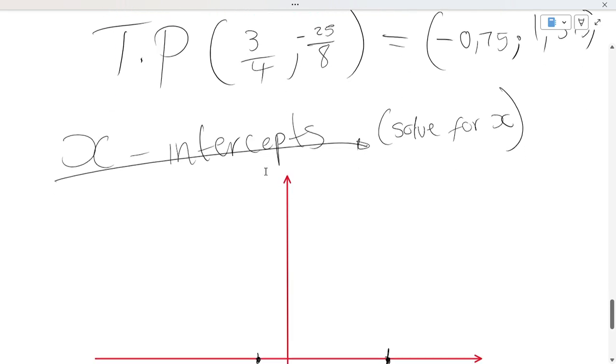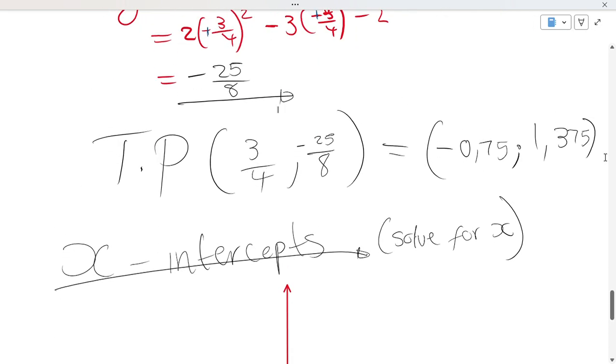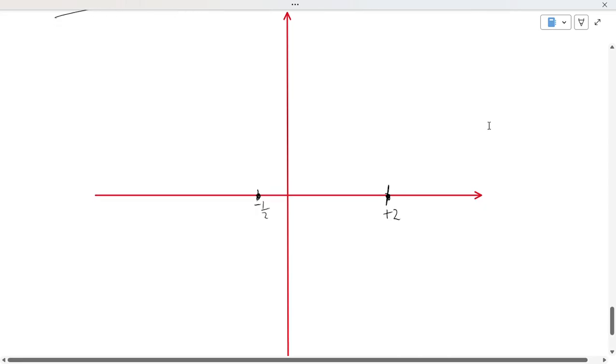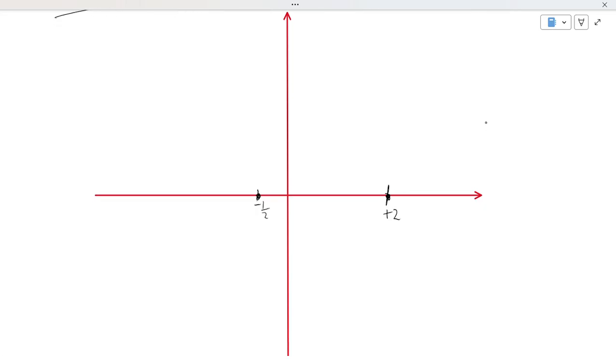So in decimal, negative 25 over 8 is negative 3.125. So your turning point is going to be somewhere here.